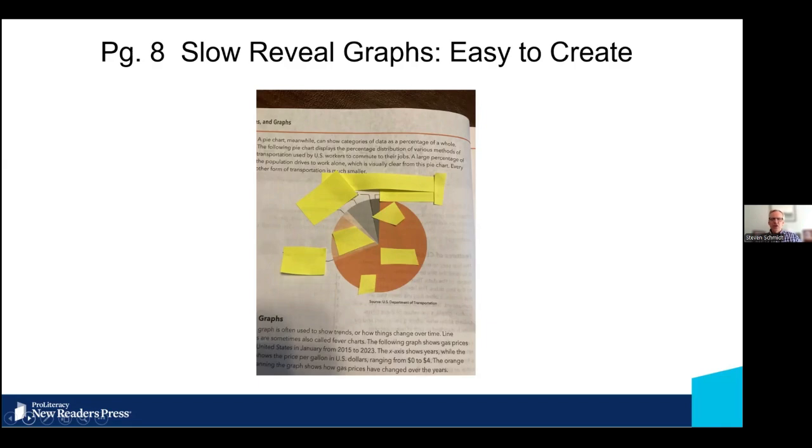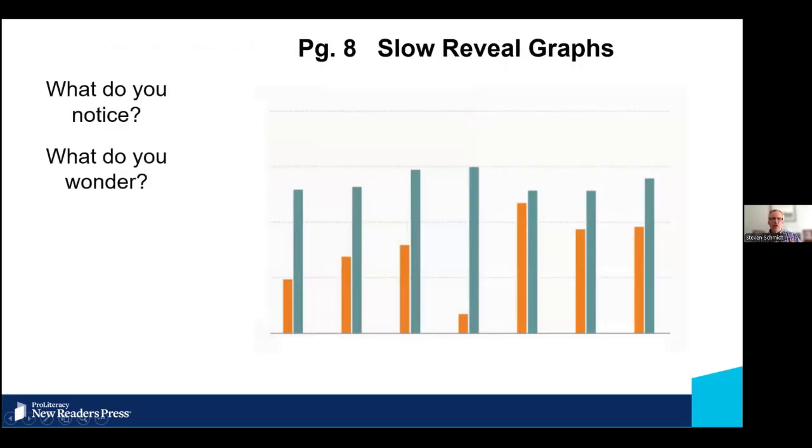And they are easy to create. I've taken a page from one of the GED test mastery books and just covered it over with sticky notes. If you have a doc cam or something, or you're teaching online and you're able to show it through the camera, you can then remove the sticky notes over time to reveal more information. So here's how it might look. We'd start with this. We've got this simple bar chart. What do you notice?